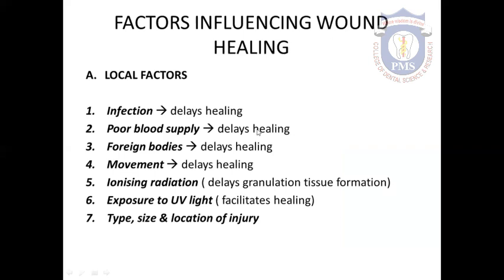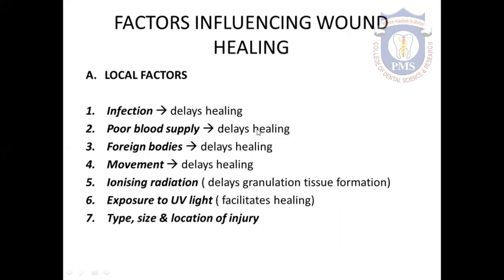Local factors include infections, which delay wound healing, poor blood supply, which also delays wound healing, foreign bodies in the wound, which can cause infection and delay wound healing, frequent movement at the site of the wound can delay wound healing, ionizing radiation can delay granulation tissue formation, while exposure to UV light can facilitate wound healing.